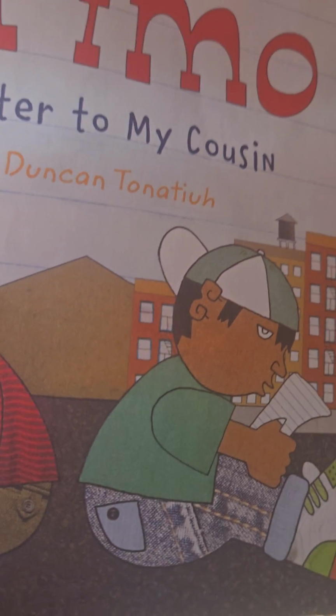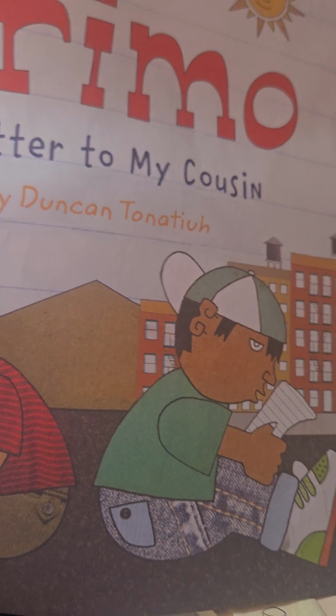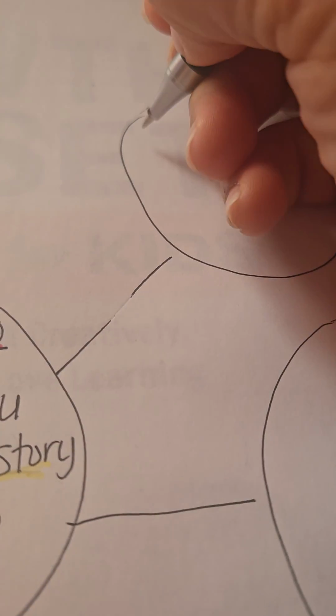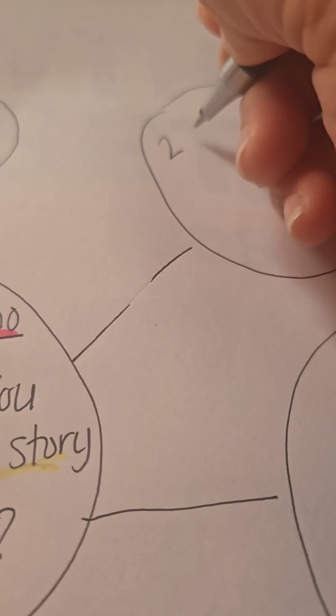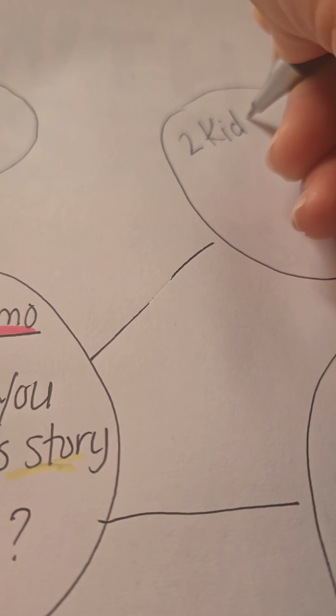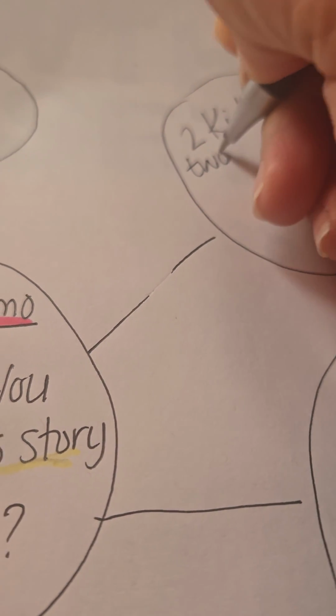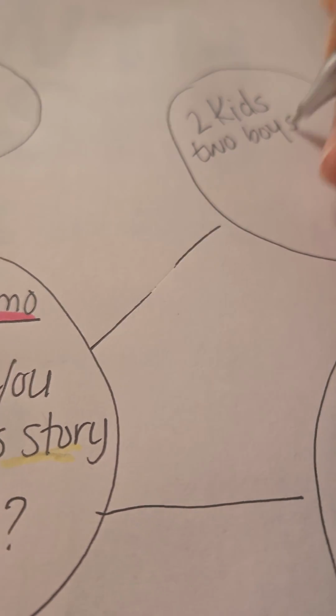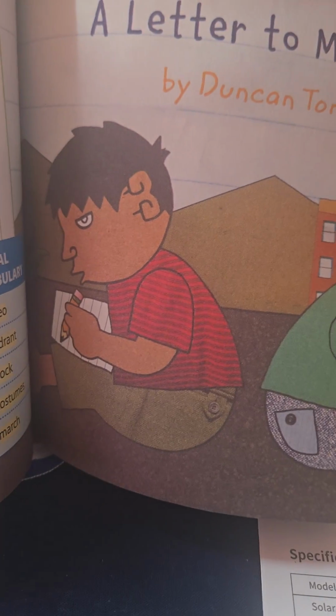So in looking at the title page and illustrations, we see two boys. So what do you think the story is about? We're going to say it's about two kids. Yeah, write the word two out like that. Or two boys. What about them? Now we see that in the picture, it shows that they're writing.